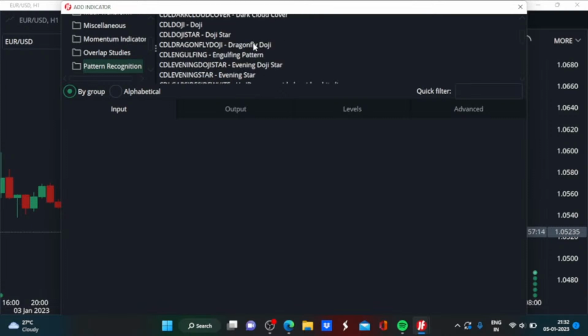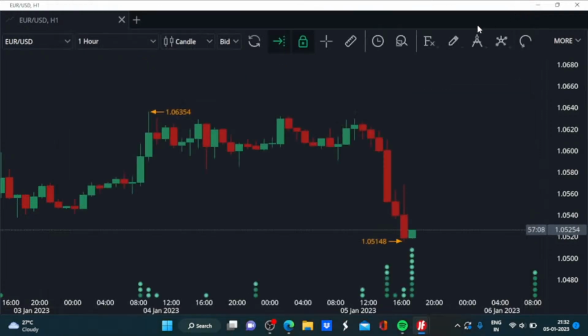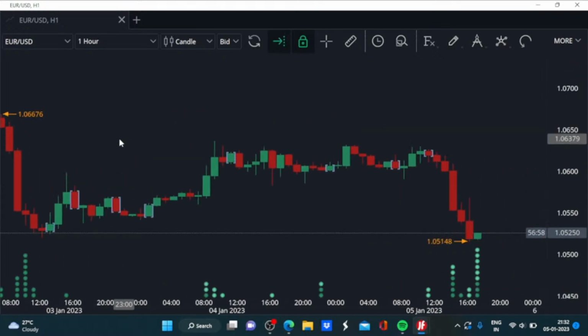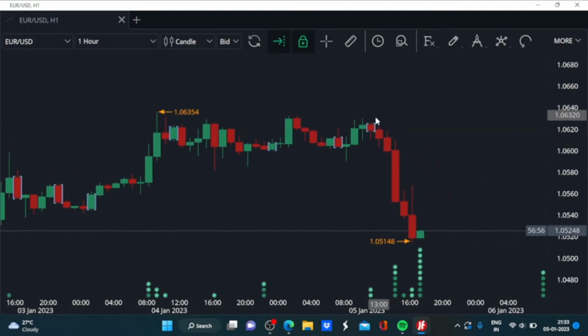Just below the dragonfly doji, which I explained to you in the last session, engulfing pattern. Or you can simply do a quick search. And here you will get it. Alright. So this is the chart of the Euro USD and we have this engulfing pattern.